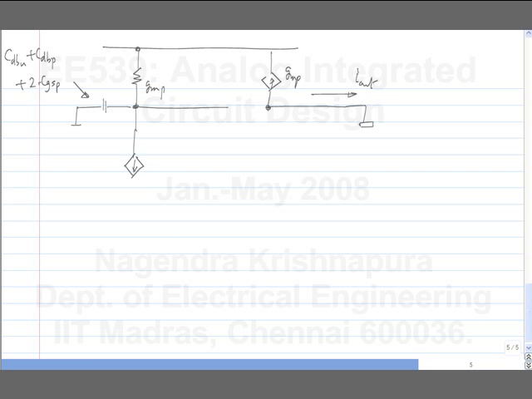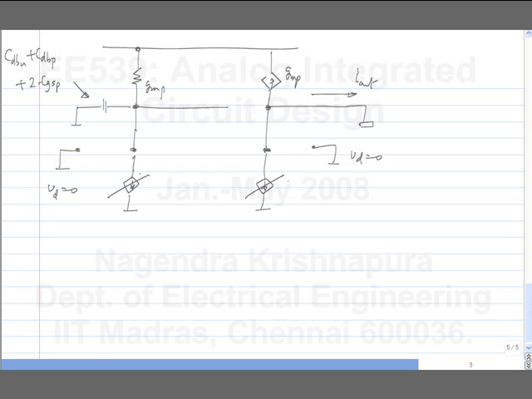Now, also when doing noise analysis, I set the input to 0. So, when I set the input to 0, I have nothing on this side, and similarly, nothing on this side. These current sources are disabled.